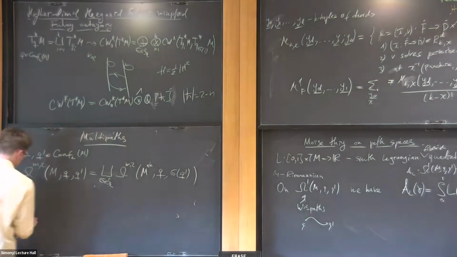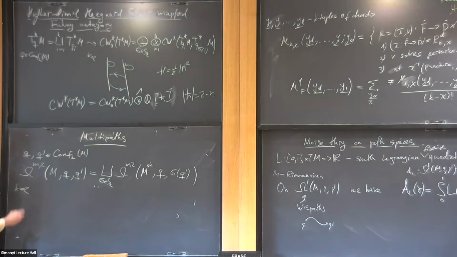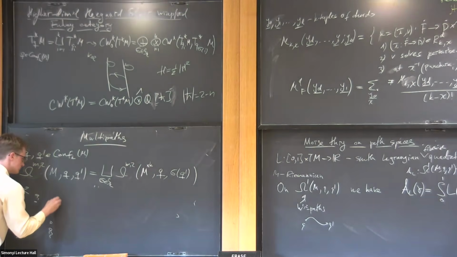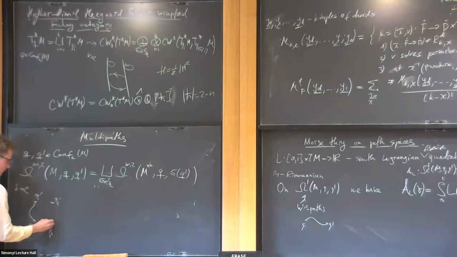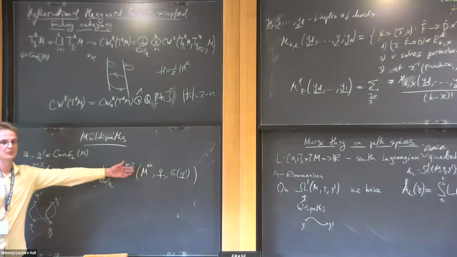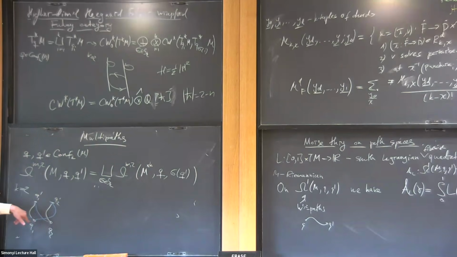So again, in the k=2 example, say you have these points around, you may have this path connected component, and maybe this one. So the blue tuple of paths sits in a separate connected component from the white one.